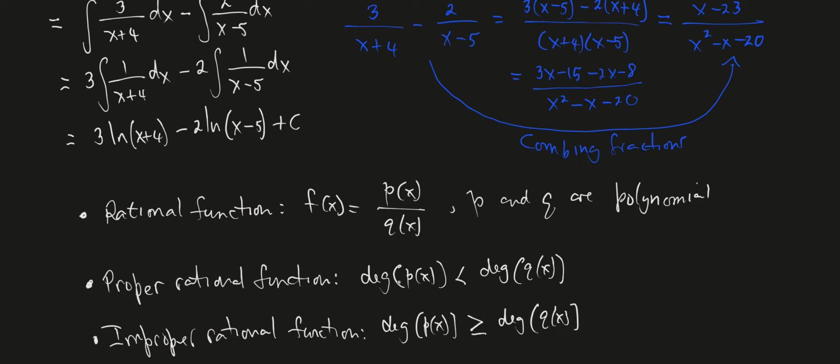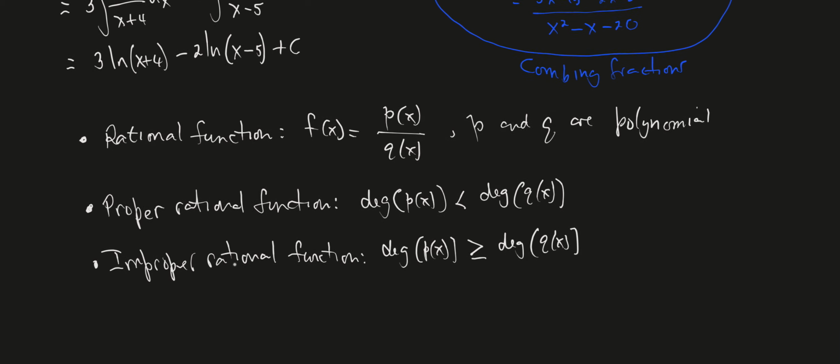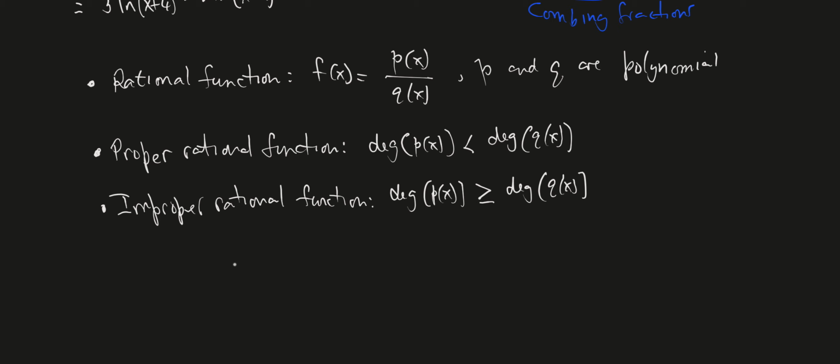Depending on which one you're given in the problem, if you're given a proper rational function, then your solution starts out at one particular point. If you have an improper rational function, then your solution starts out doing a slightly different thing. So it's a series of steps, and you have to make sure that you understand when each step could possibly occur. So let's do just a couple examples of this.